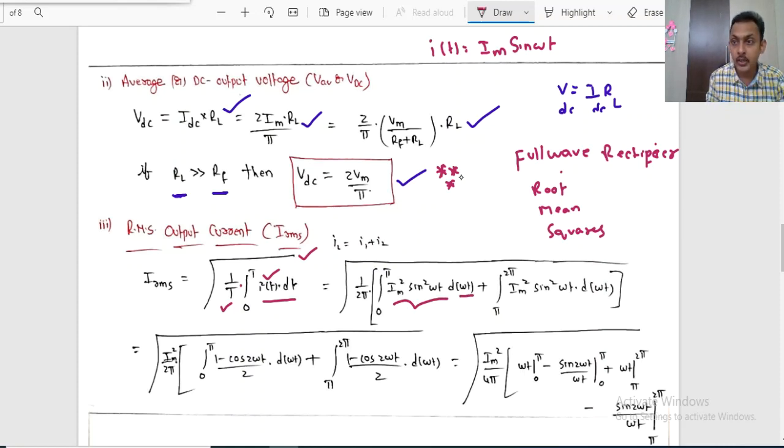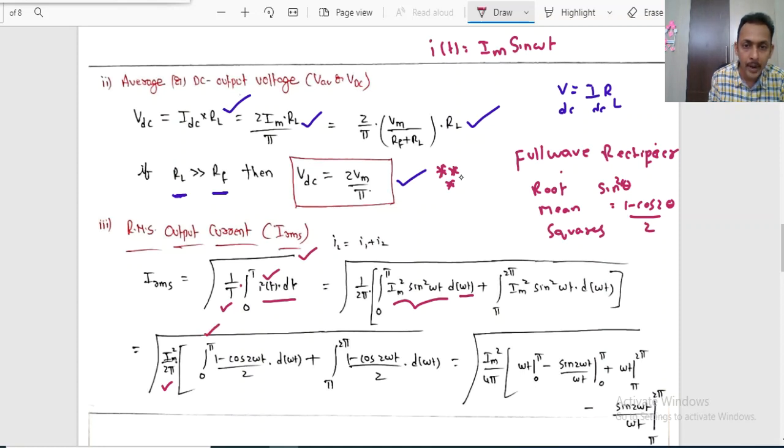Now sin square theta, from trigonometric basics, equals 1 minus cos 2 theta by 2. That is what we have done here. We can take Im square common, so Im square by 2 pi is taken out common within the limits 0 to pi.